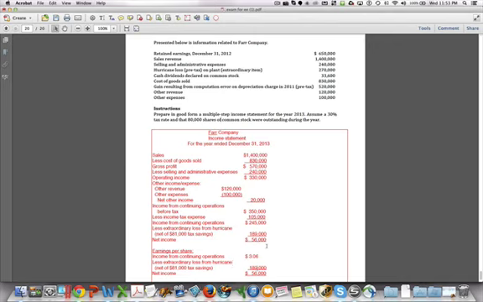The extraordinary loss is going to be 189,000 divided by 80,000 shares, or $2.36. And again, we have that less over on the left, so I don't need to do it again. And then finally, the difference is going to be 70 cents per share. And now we have a completed multi-step income statement for our company. And we can go with that.